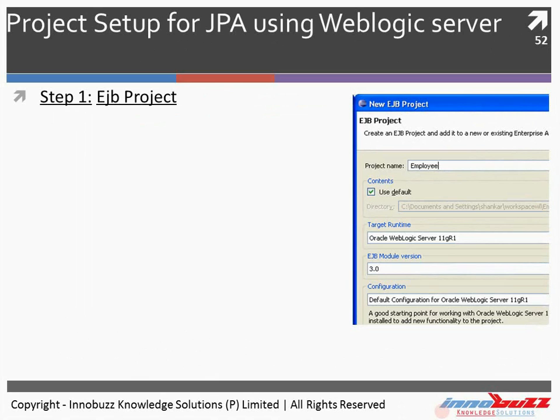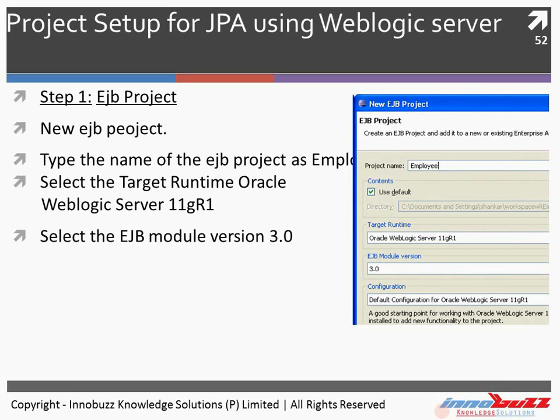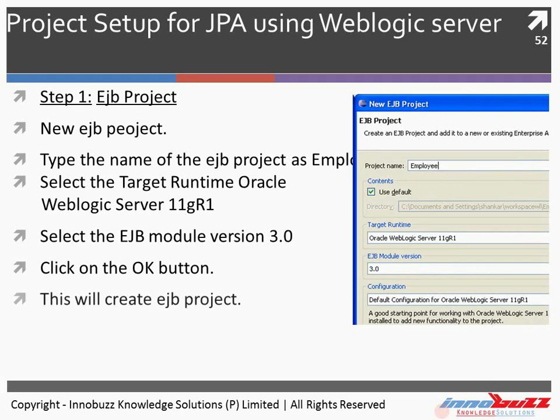So we have to create an EJB project in Eclipse, where you choose new EJB project, type the name of the EJB project, the runtime will be the WebLogic server, and select the EJB module version 3.0, which can be more than that. Currently it is 3.2. Click on the OK button and this will create the EJB project.